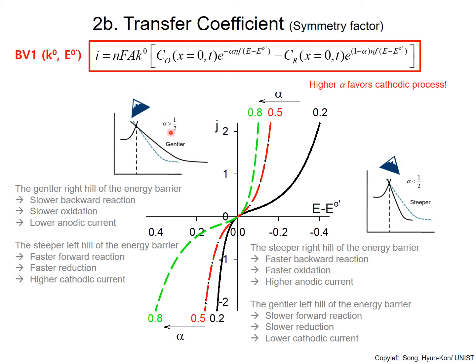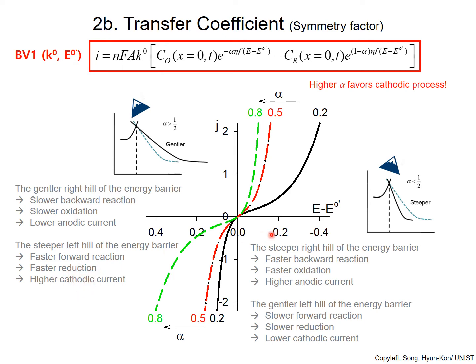That is to say, slower oxidation, which results in lower anodic current. Also, at the same time, the steeper left hill of the energy barrier indicates faster forward reaction from the left to the right in this reaction coordinate diagram. That is to say, fast reduction would be obtained, resulting in higher cathodic current.